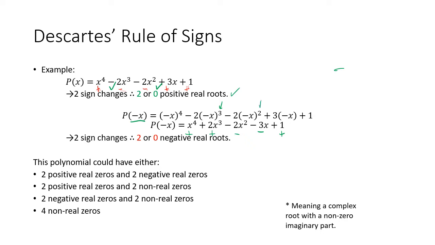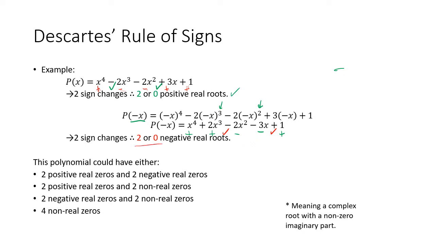If you have an even power, the sign will not change, because negative times a negative is a positive. So the number of sign changes here: this was positive, positive, negative. There's one change, then negative to negative doesn't change, then it changes from negative to positive. There's another change. So again, we have 2 or 0 negative real roots.